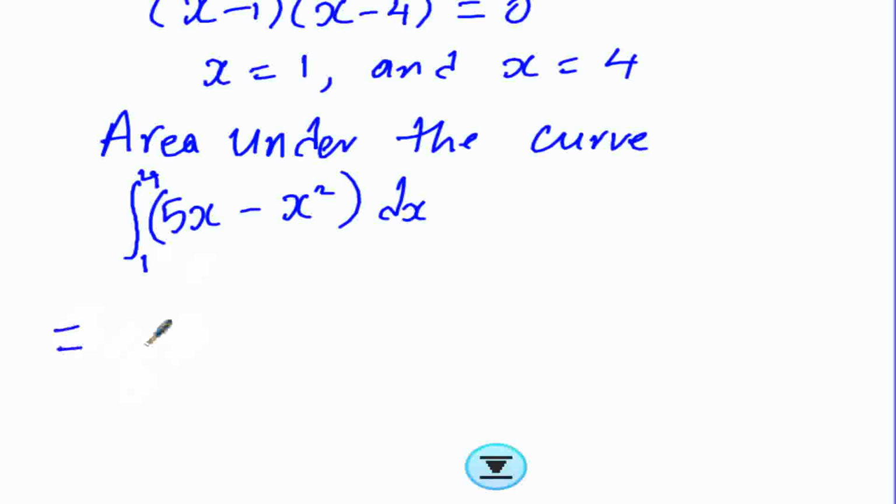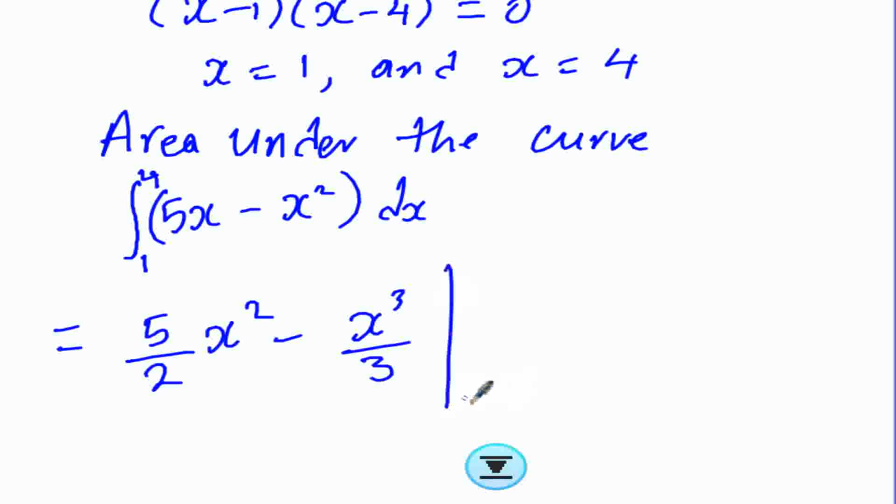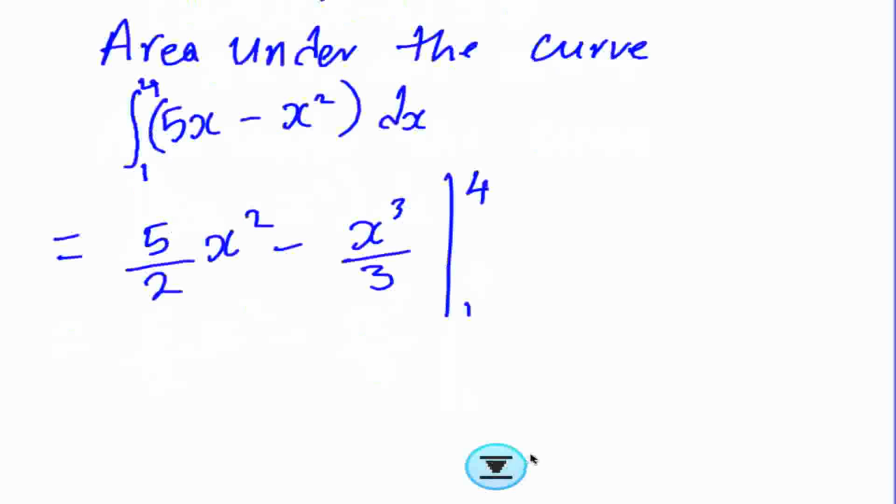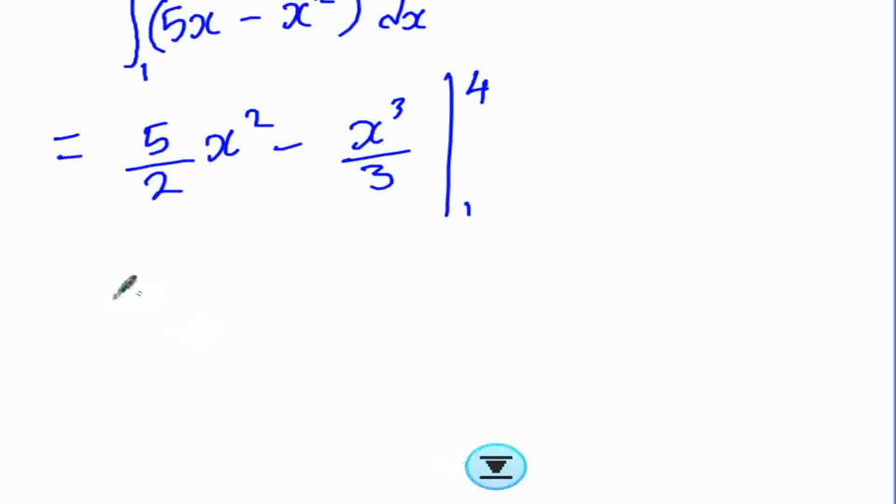So this one will give us 5 over 2 x squared minus x cubed over 3. If you are having trouble with integration, you can visit my channel and see some videos about integration.